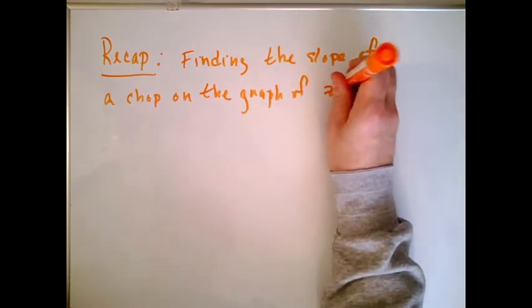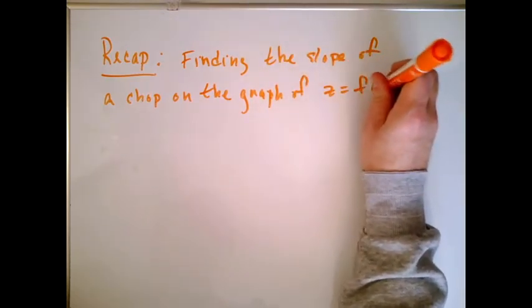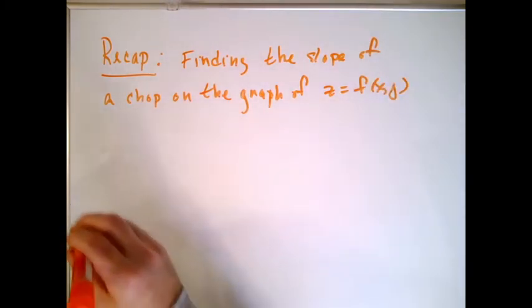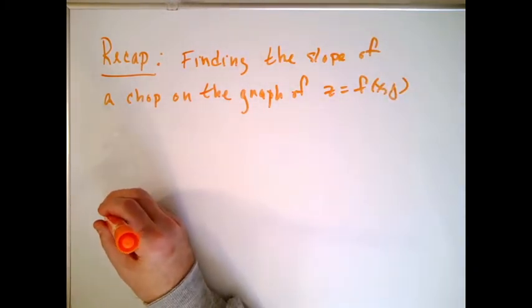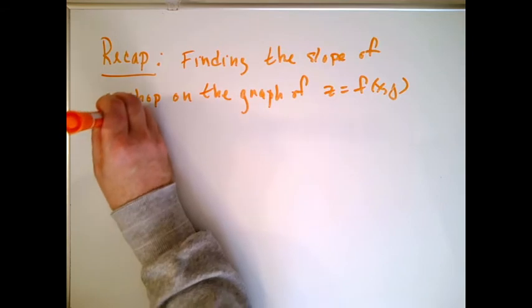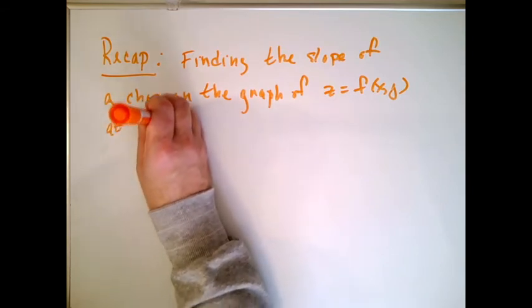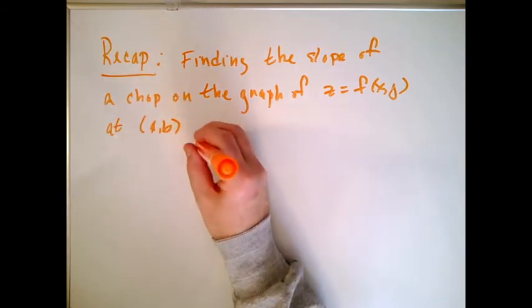I guess I'll just write it z equals f(x, y). It has to be at a specific point, and it needs to be in the direction of a unit vector.